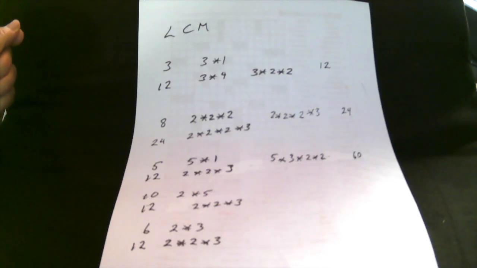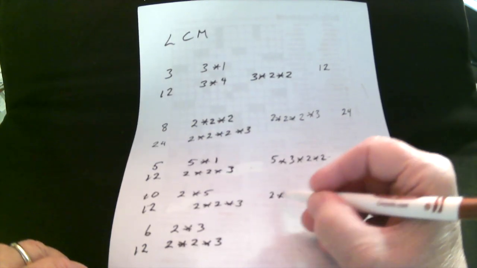For the numbers 5 and 12, 5 factors to 5 times 1. 12 factors to 2 times 2 times 3. We need to have the 5, and then we need to have the 2 times 2 times 3 because it doesn't show up in the other one. And 5 times 3 times 2 times 2 is 60.